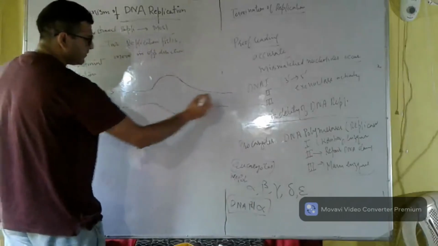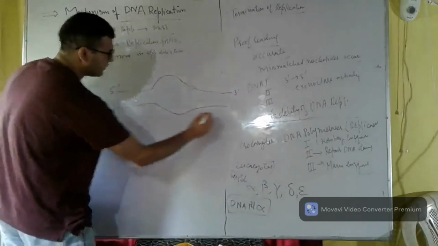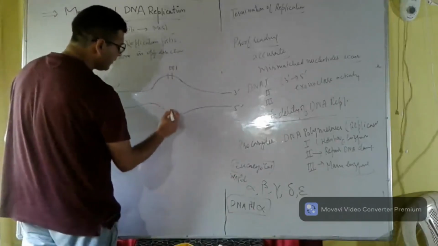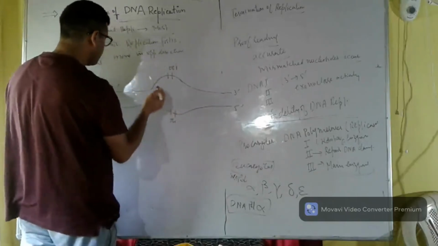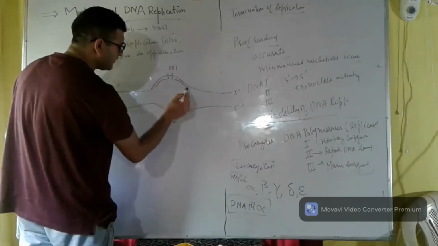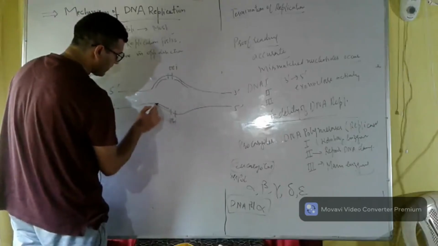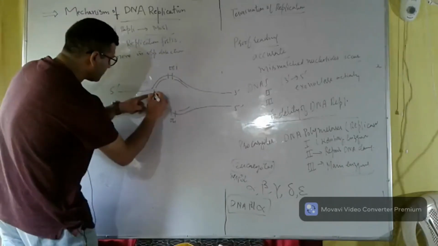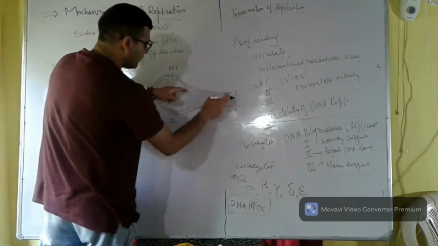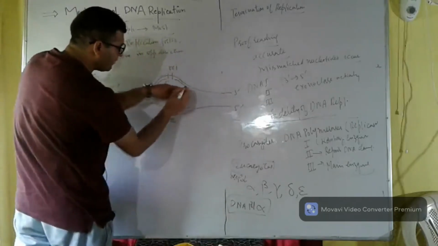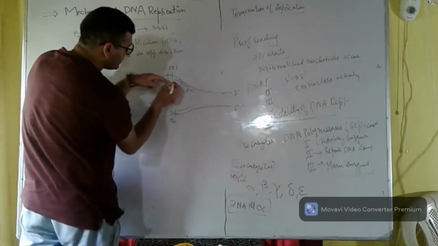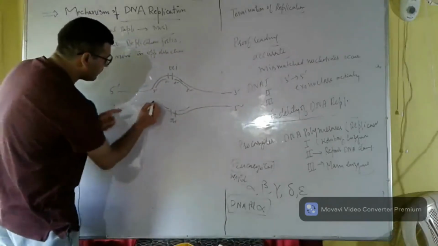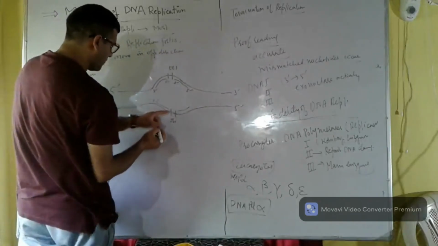Suppose this is the 5' end, and opposite to it is the 3' end, and this is the origin of replication.